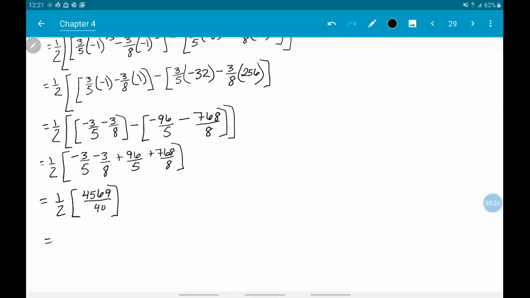So then our final answer is 4569 over 80. And if we wanted the decimal, this is a nice decimal. It stops. 0.1125 would be our answer.